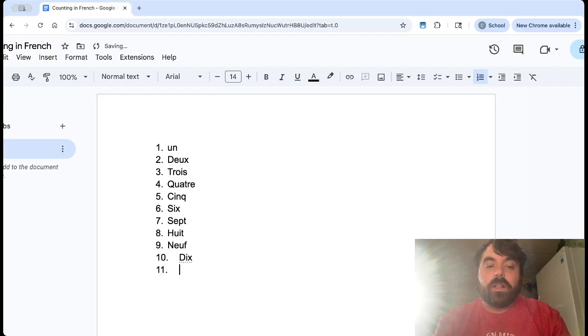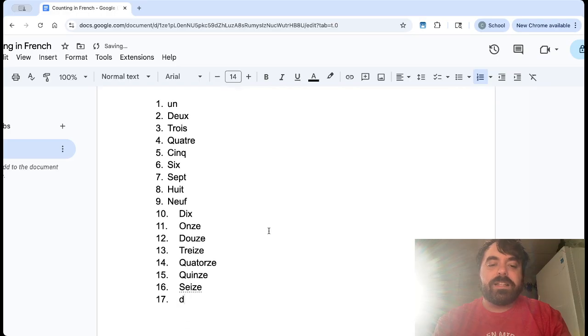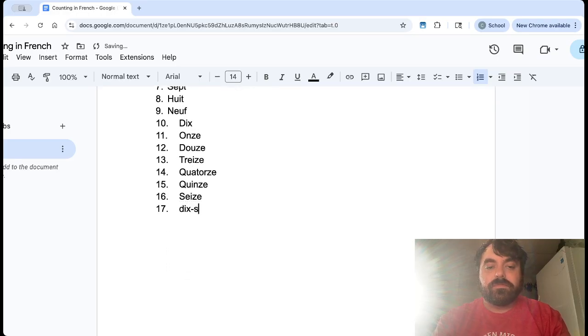And then for 11 through 20, remember we have that Z sound, so it's onze, douze, treize, quatorze, quinze, seize, dix-sept, dix-huit, dix-neuf, and lastly, vingt.